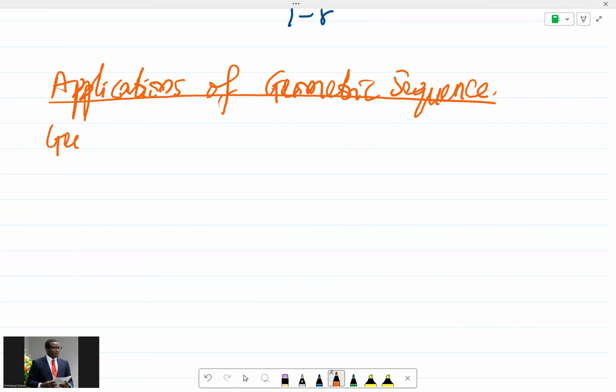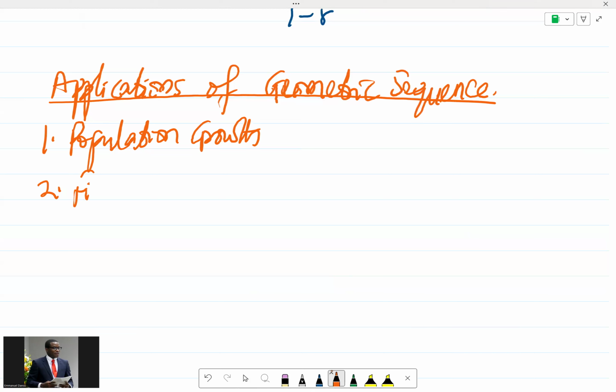There's no point writing all these stories. Geometric sequences have many practical applications. We have it in population growth. If a population grows by a fixed percentage each year, the size of the population follows a geometric sequence. We also have it in financial calculations.